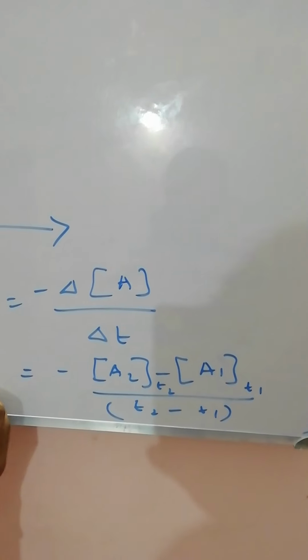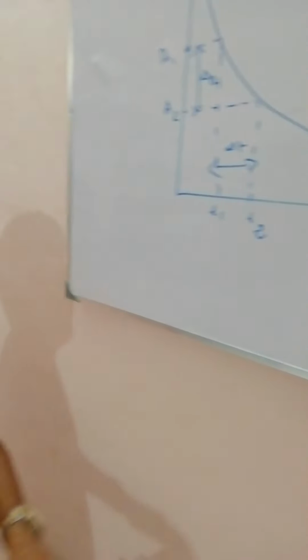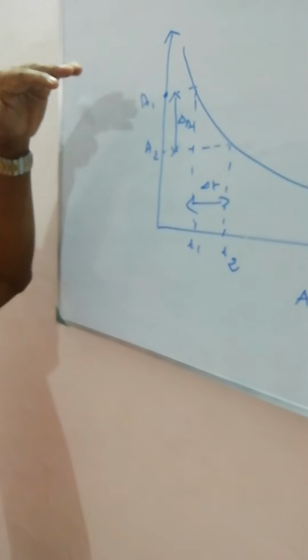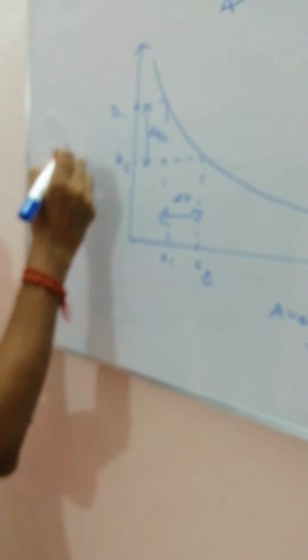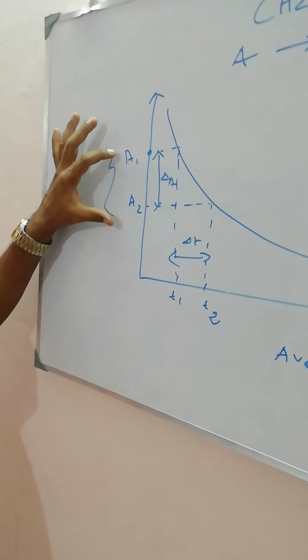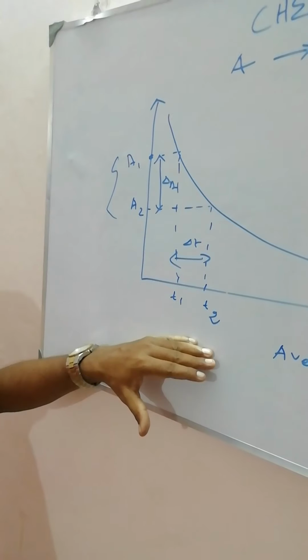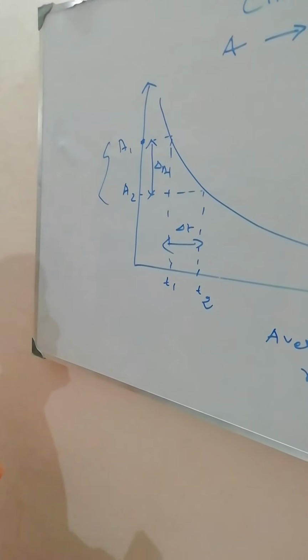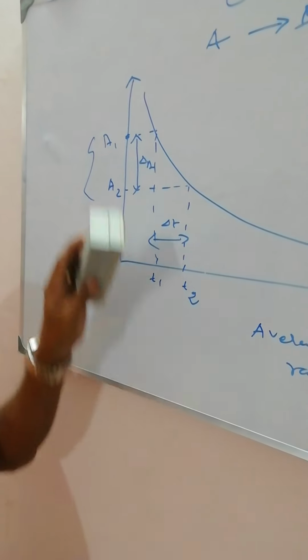This is called the average rate equation. That is, if the concentration change takes place, we have to compare the concentration change between any two times of the reactant with respect to their time. That is called the average rate equation. Already discussed. Again I am telling you.